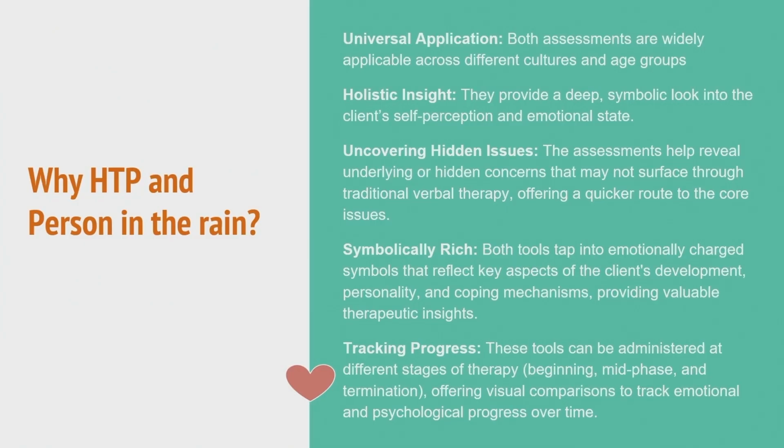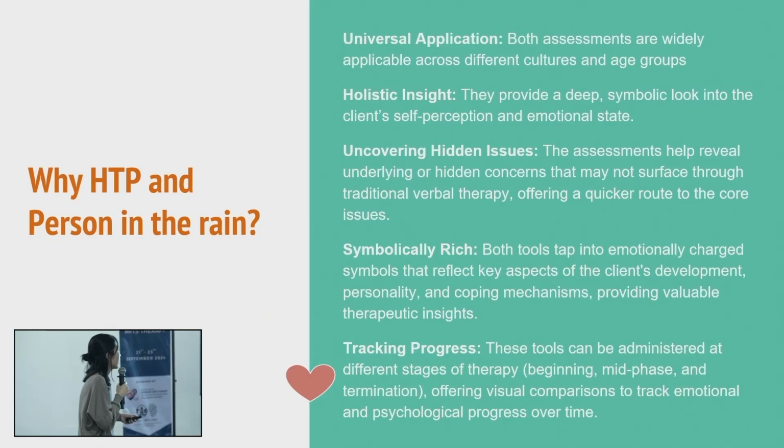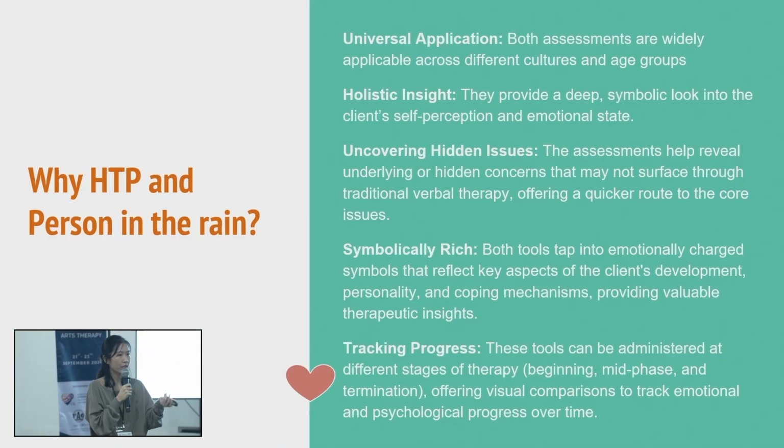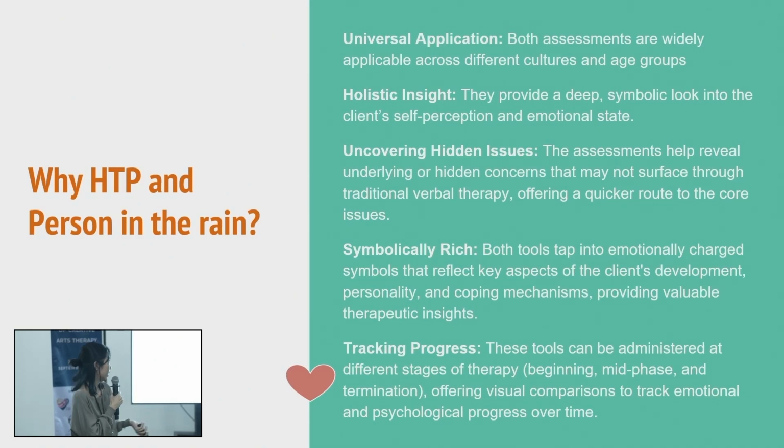Even a very small kid understands the directive. And for holistic insight, they provide a deep and symbolic look into the client's self-perception and emotional state. Especially the tree; sometimes I find that the tree is even more important than the house and the picture of the person itself.